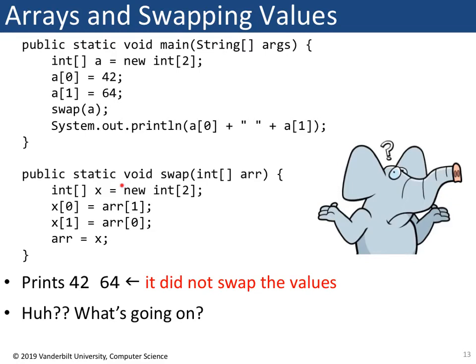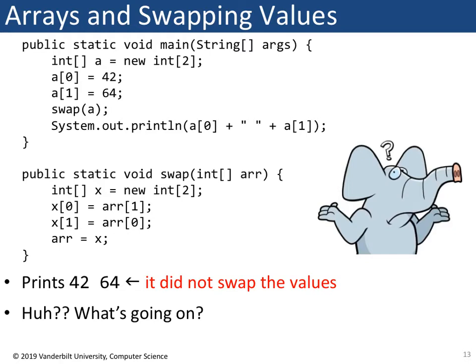So we create a new object in memory and store its address in x. So we have one array object in memory pointed to by ARR, which is the same array object that was pointed to by A, because we copied the value of A into ARR. And we now have another array object in memory, and the address is stored in x.